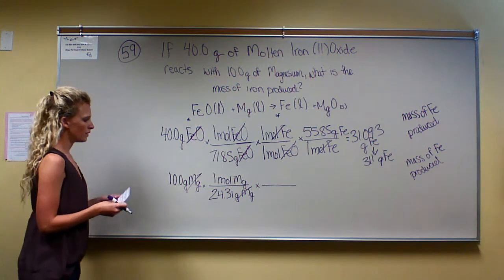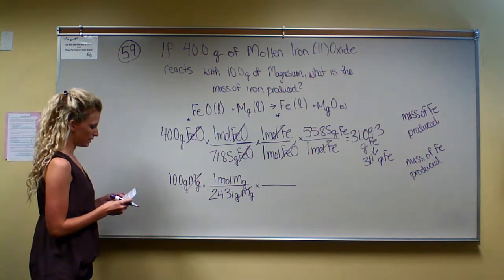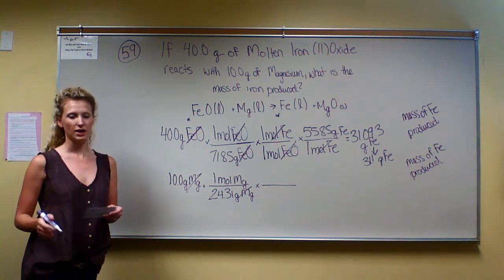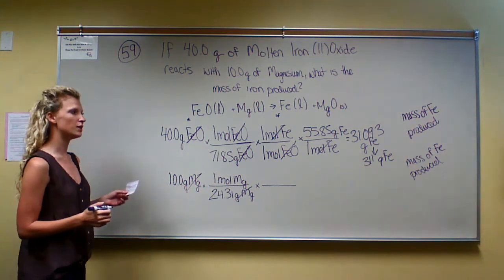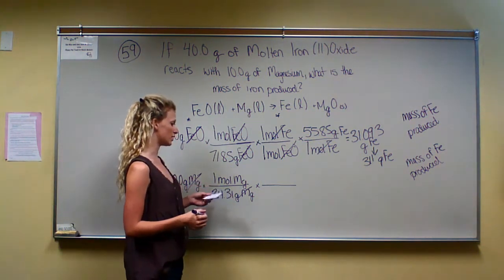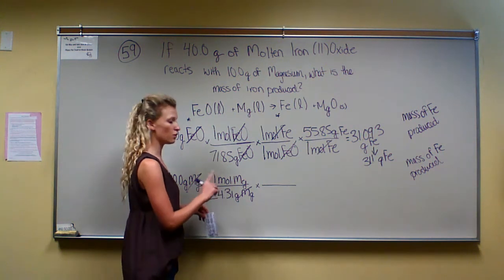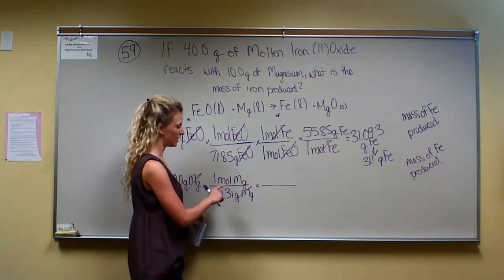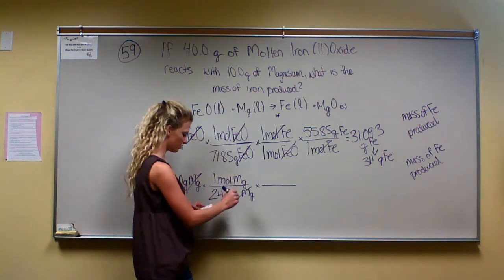From here, we want to convert 1 mole of magnesium into 1 mole of iron. Again, this is simply a bridge to ultimately get to the mass of iron produced. In order to convert it into 1 mole of iron, we need to put 1 mole of magnesium in the denominator to be able to cancel out the moles of magnesium.